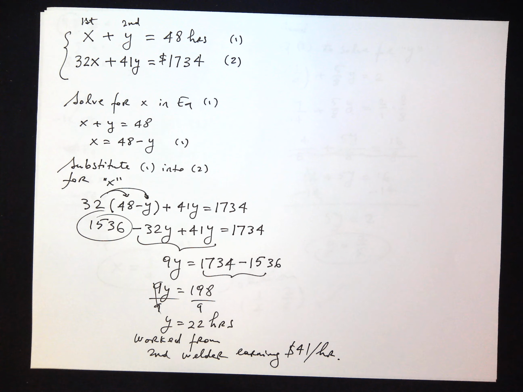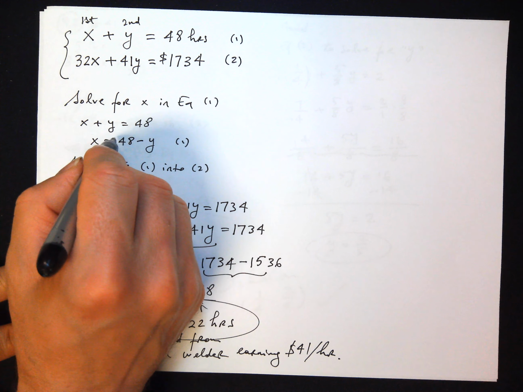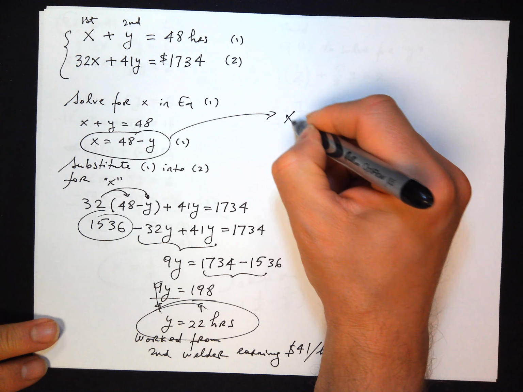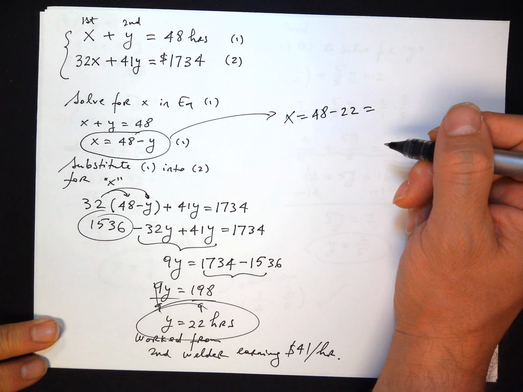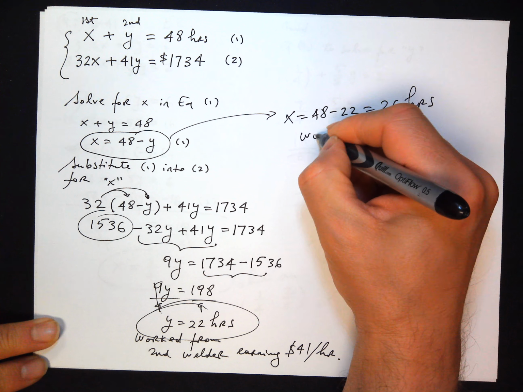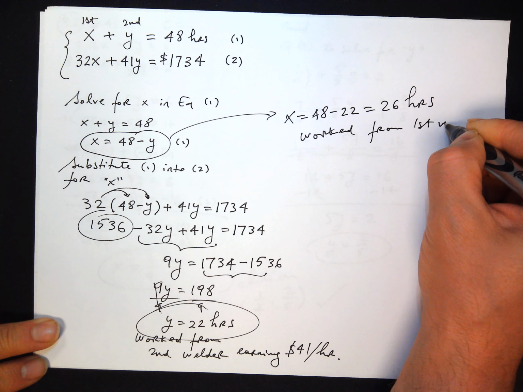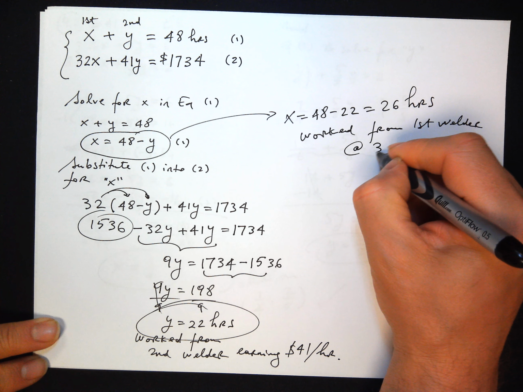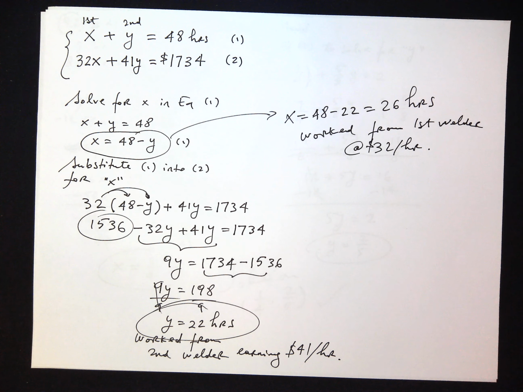Now, of course, it makes it so easy because you have the y, and then you go right here. x equals 48 minus 22 equals 26 hours worked from the first welder at $32 per hour. Okay, and that's it.